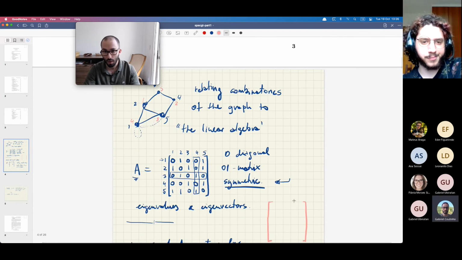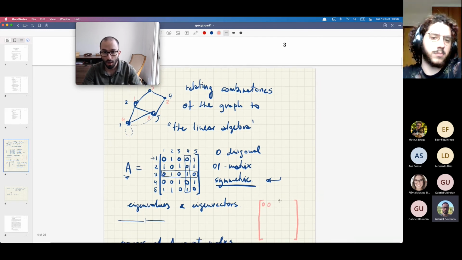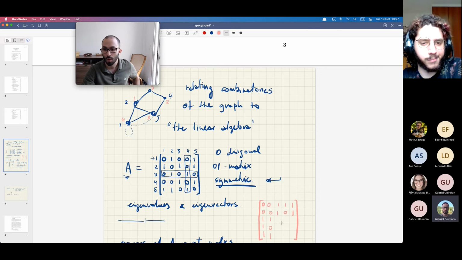So now the first row is not adjacent to the second, it's adjacent to the third and fourth, like that. The second row is now adjacent to the third and fifth.